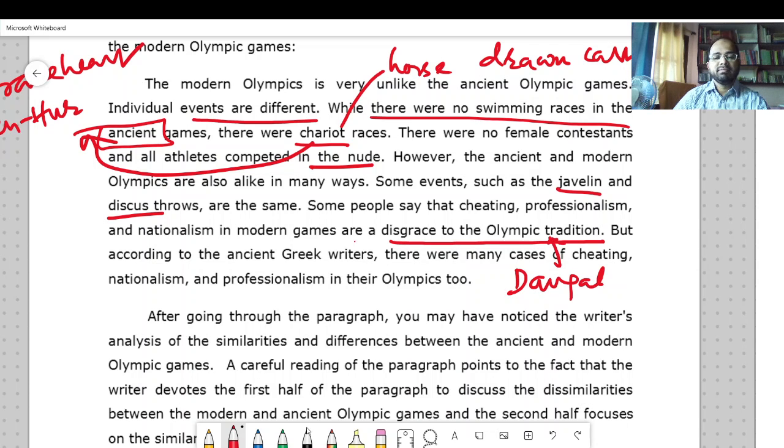Irudhi Suttru by Madhavan is about boxing and shows how much politics is involved.